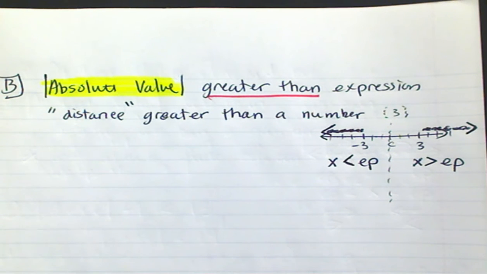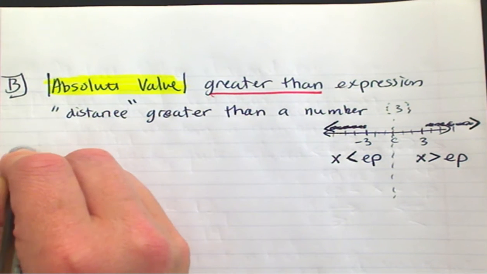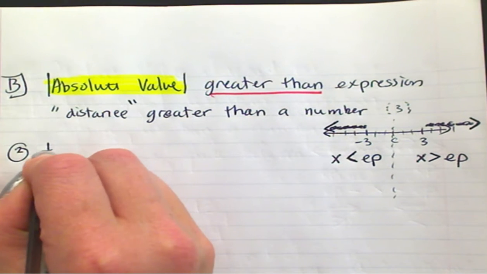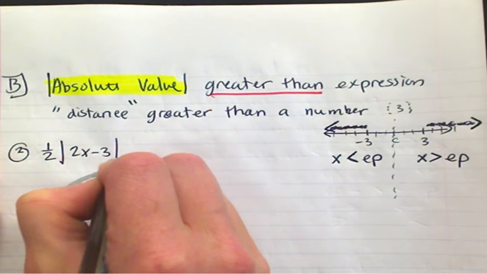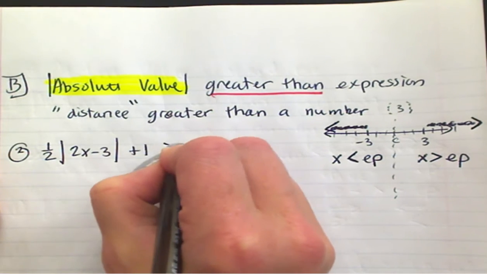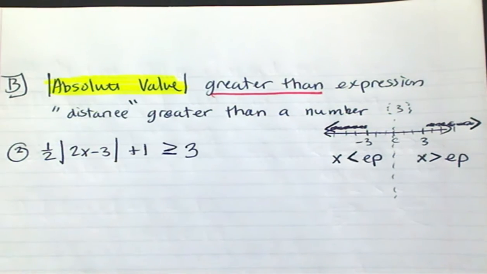Okay, so let's set up what the inequality would look like. Okay, let's do a 1/2 absolute value of 2x minus 3 plus 1, and we'll do greater than or equal to 3.